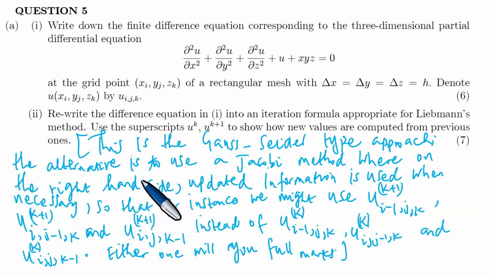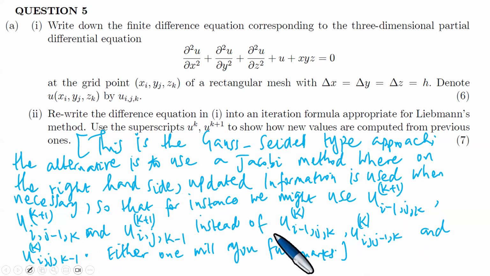We are noting that the method where we're using the superscripts is what we call the Gauss-Seidel type approach. The alternative is to use the Jacobi method, where on the right-hand side, updated information is used when necessary, so that for instance, we might use u subscript i minus 1, j, k superscript k plus 1, and then j minus 1, k, instead of u i minus 1, j, k and j minus 1, k. Either one will earn you full marks.